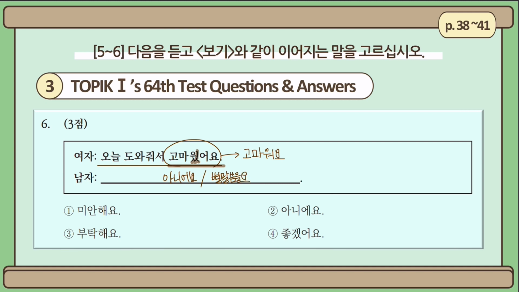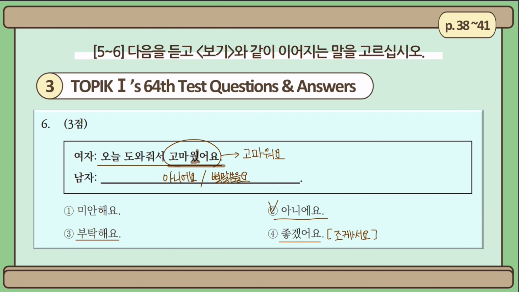So the correct answer here is number 2, 아니에요. You say 부탁해요 when you need to ask someone to do something as a favor. 좋겠어요. The meaning of 좋겠어요 may vary according to the context or the intonation used by the speaker, but in many cases it's like saying good for you in English.